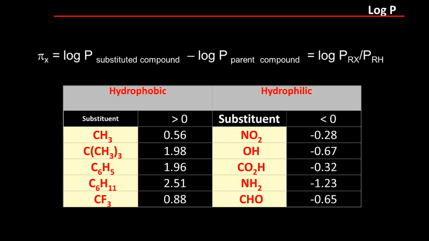Whereas if you look at nitro, OH, NH2, they are all negative because they are more hydrophilic. So if you have a molecule, if you substitute with a particular functional group, we can find out the contribution and either subtract from or add to the log P of the parent compound. Okay, so log P plays a very important role.